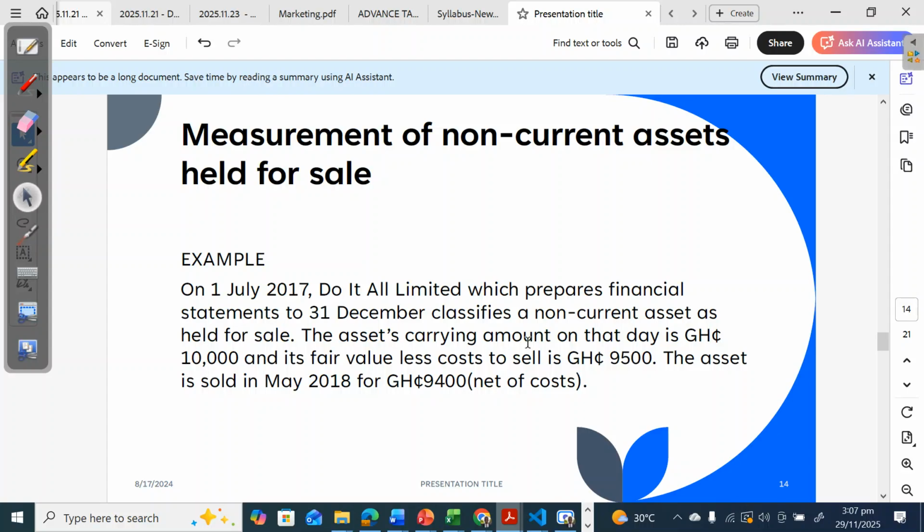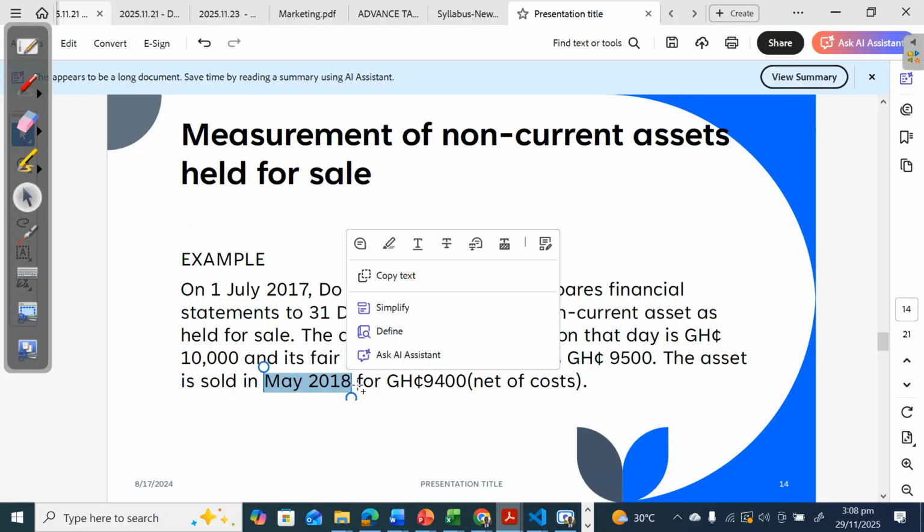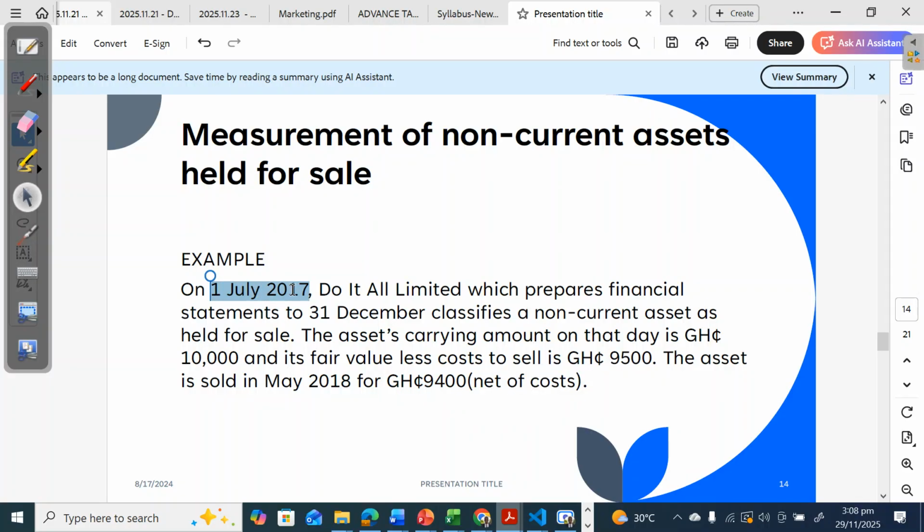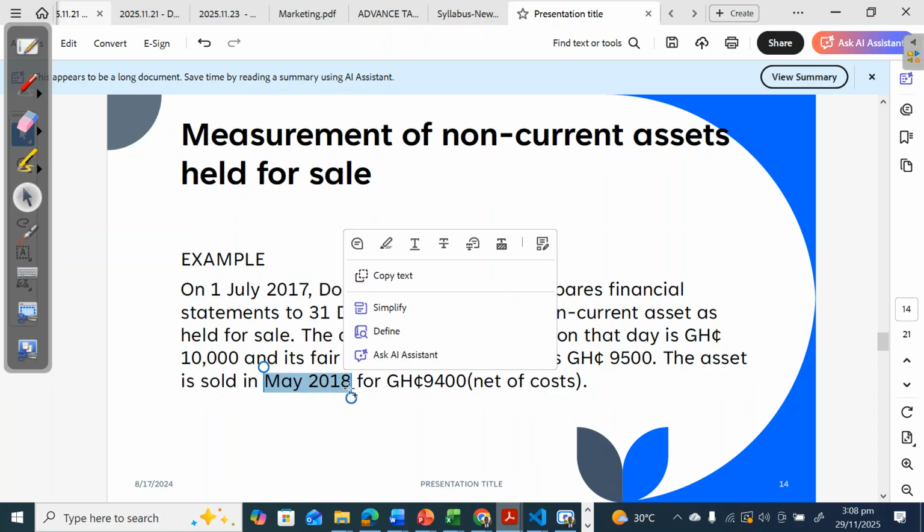The asset carrying amount on that day is 10,000 cedis, and its fair value less cost to sell is 9,500 cedis. The asset is sold in May 2018 for 9,400 cedis net of cost. So they classified it on 1st July 2017 and sold it in May, getting to almost a year.